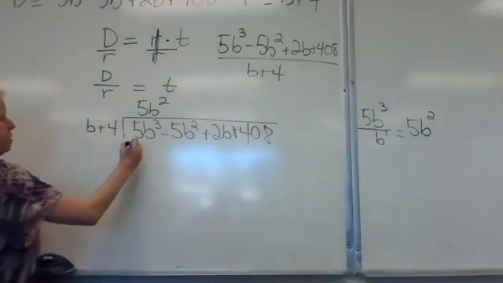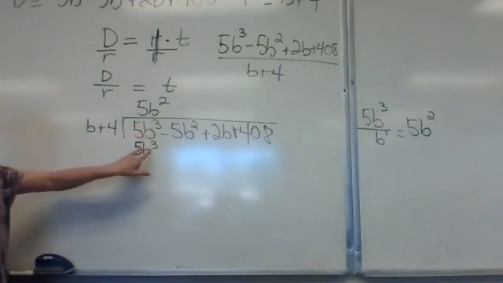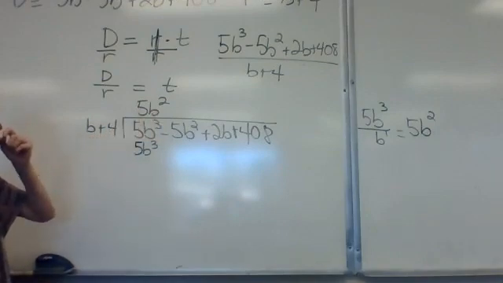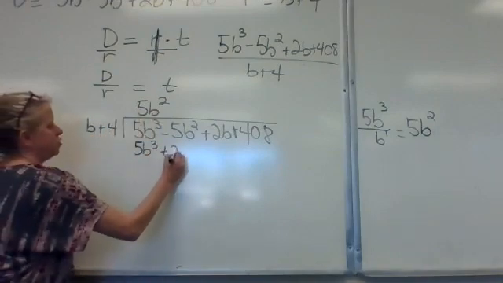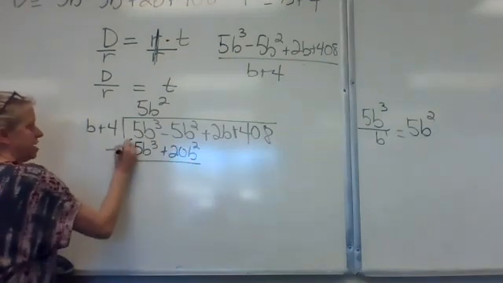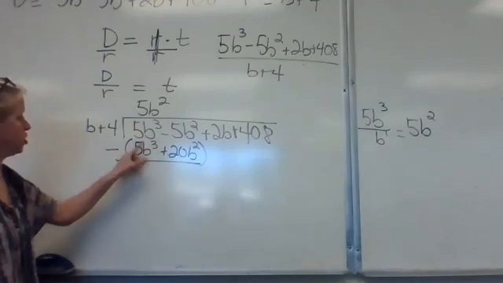5b squared times b gives me 5b to the third. Remember, this is always going to happen. 5b squared times positive 4 gives me positive 20b squared. And then subtract it. My b cubes are gone.